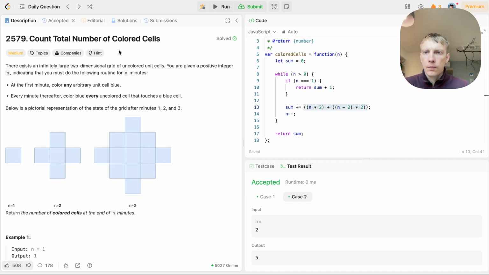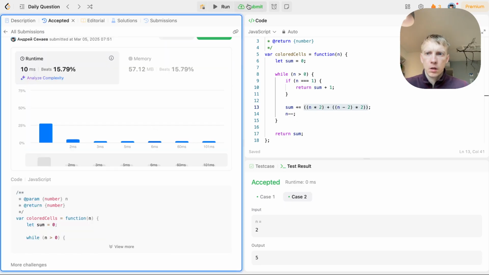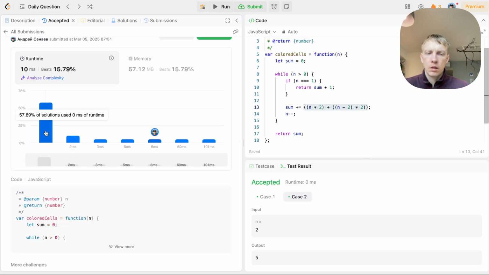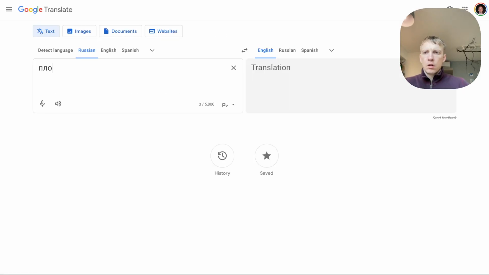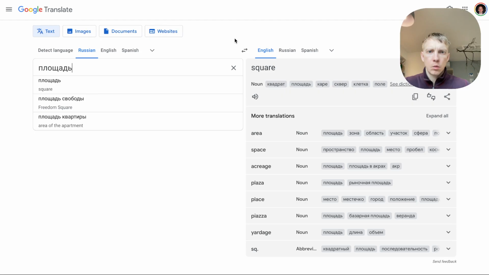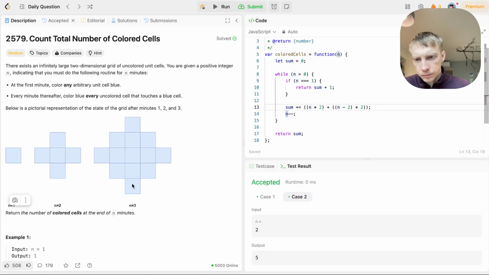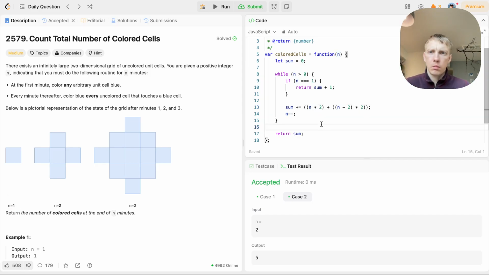Okay, I don't think it is a bad formula, but there can be a simpler formula that can calculate the square of this figure with one iteration. Is it possible or not? I'm not sure, but let's see.